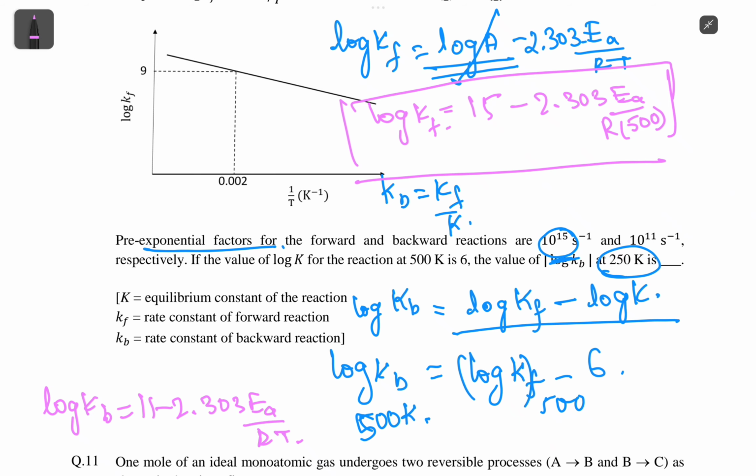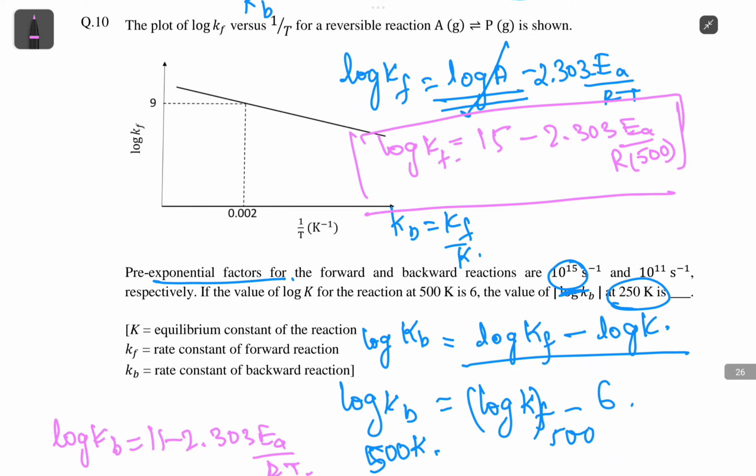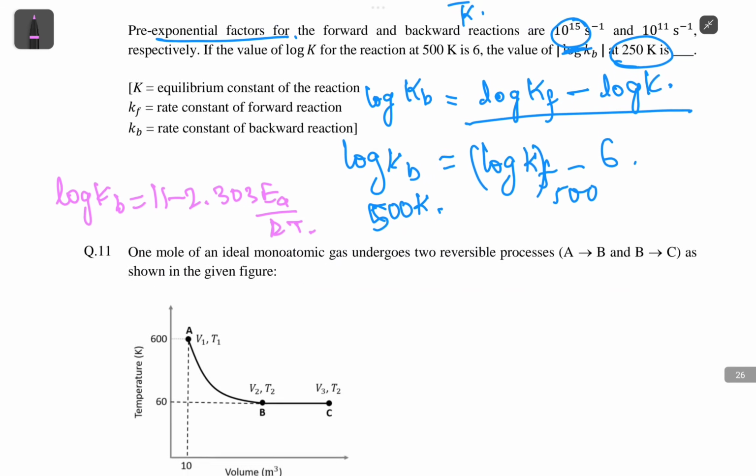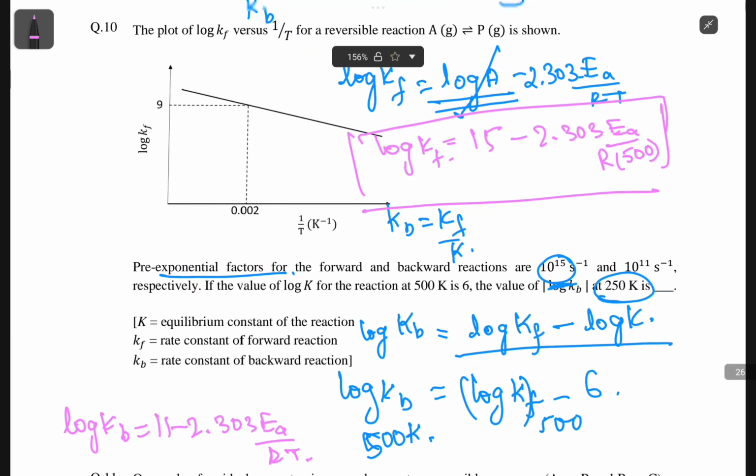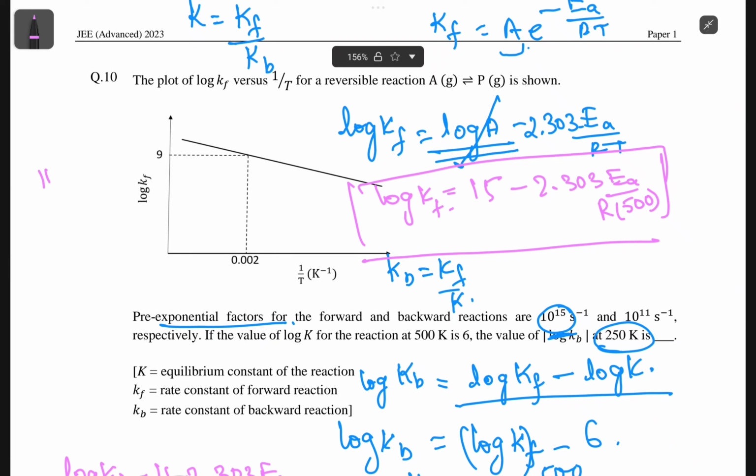And I need to solve both these equations, and then I'll get that 11 minus 1200 upon 8.314 times T is log Kb.